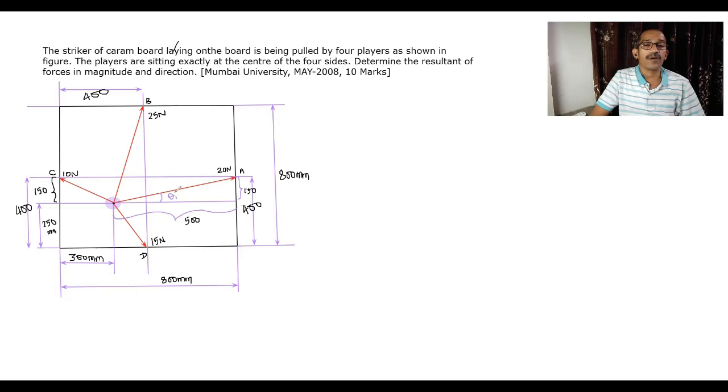The adjacent side is 500 and the opposite side is 150 mm. Tan of theta 1 is opposite upon adjacent, so theta 1 is tan inverse of 150 divided by 500, which comes out to be 16.7 degrees.